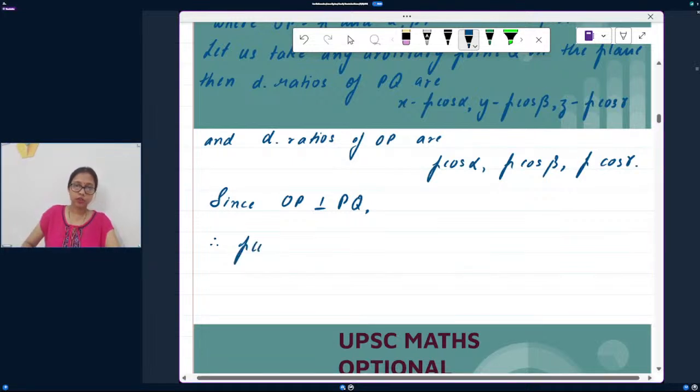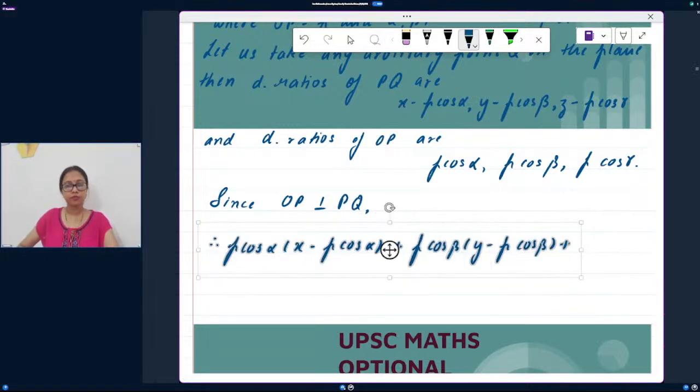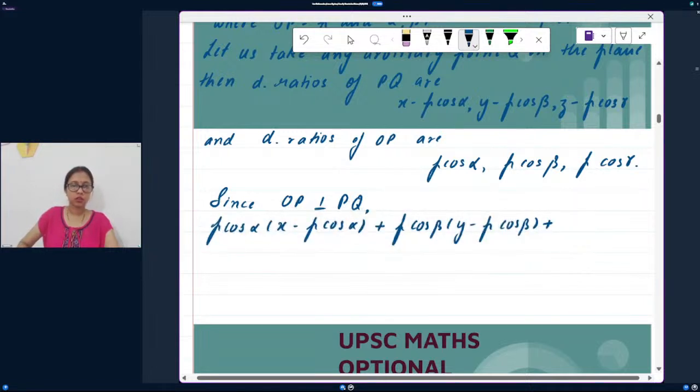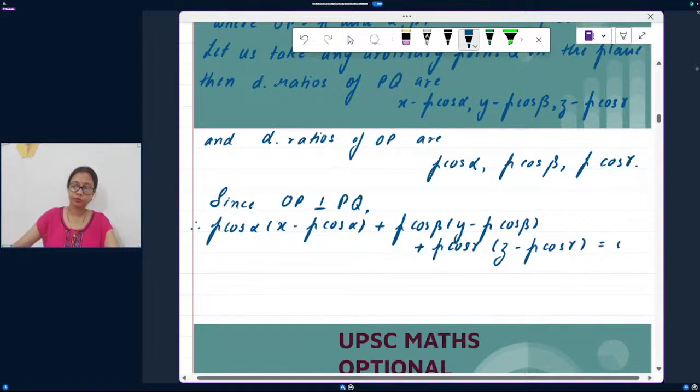So p cos alpha (x minus p cos alpha) plus p cos beta (y minus p cos beta) plus p cos gamma (z minus p cos gamma) equals 0.